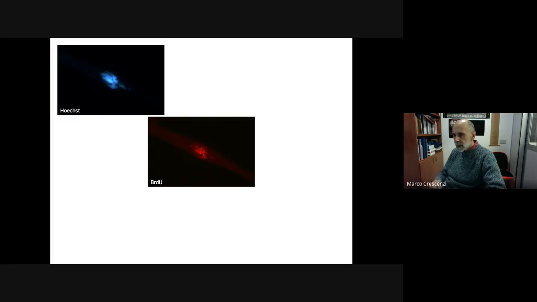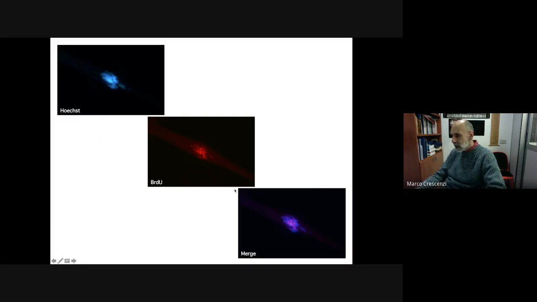But if you superimpose the two images, you see clearly that not all of the DNA contains BrdU, which means that this myotube has entered mitosis without having replicated completely its DNA.